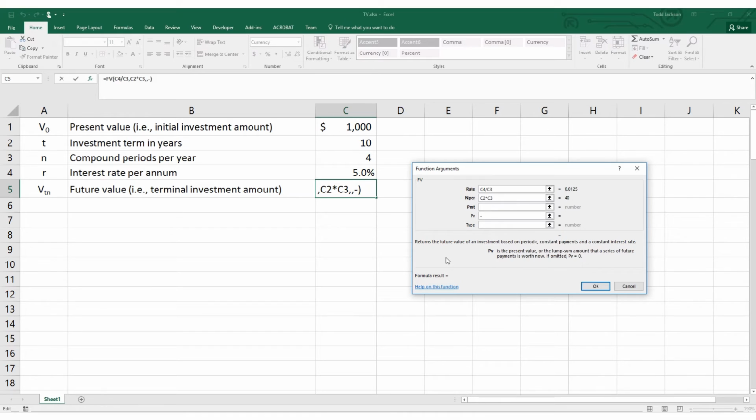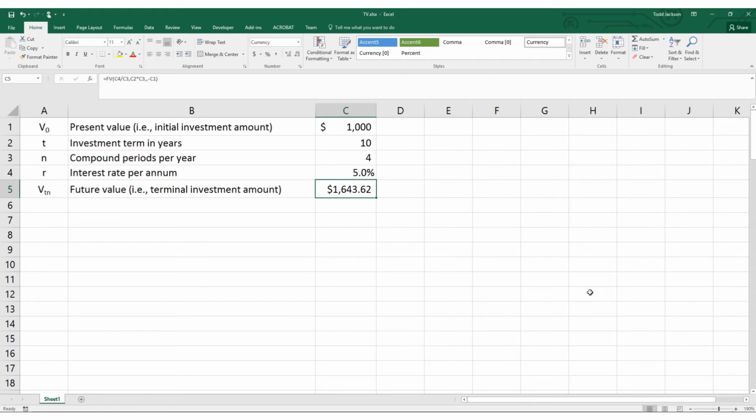That means that we enter the present value as a negative amount. So I put the negative sign in and reference cell C1, which is the present value. And notice that the function has already generated the return that I expected here, the value, $1,643.62. So I will hit OK, and that gives me my result in the cell.